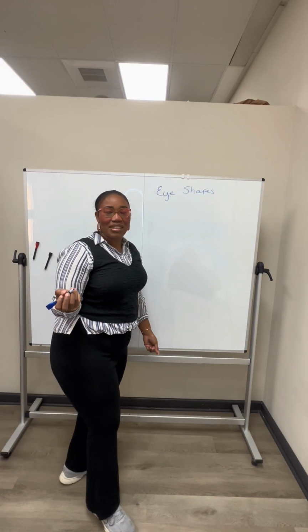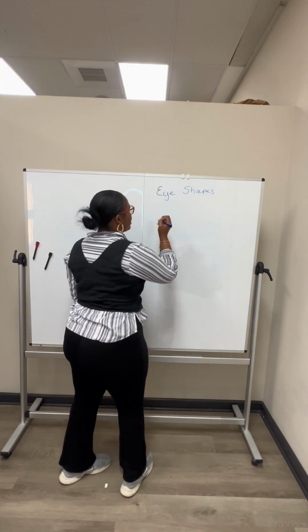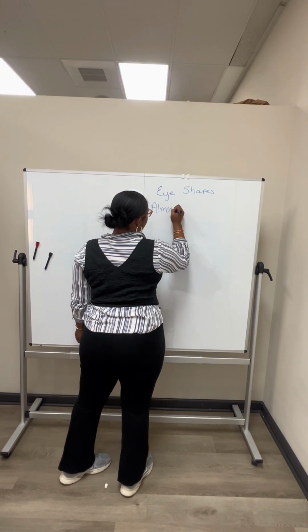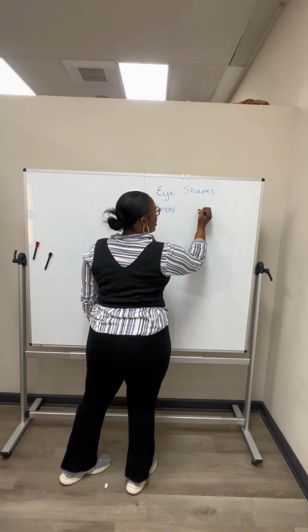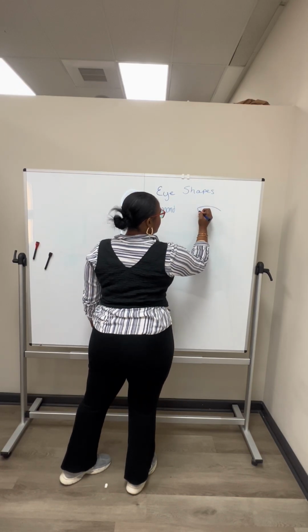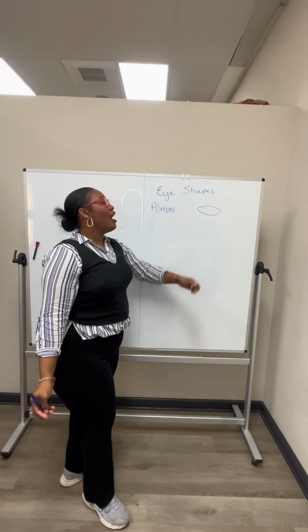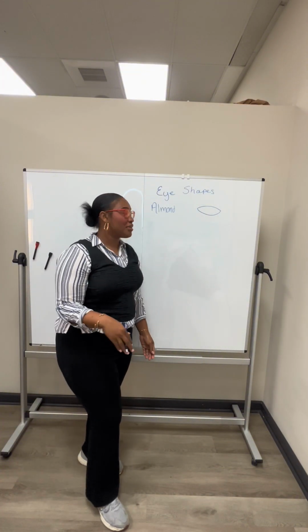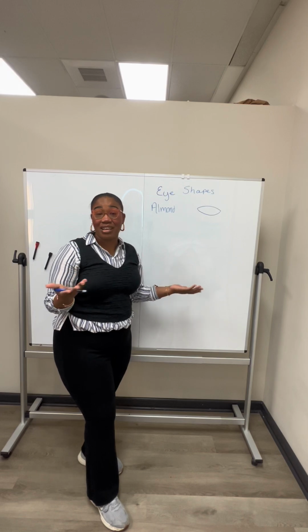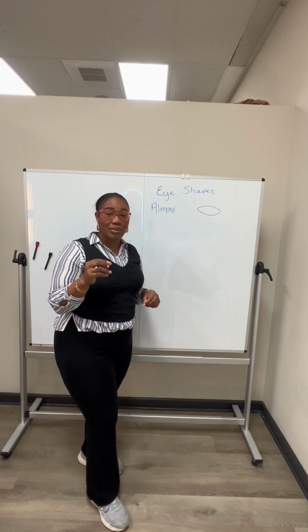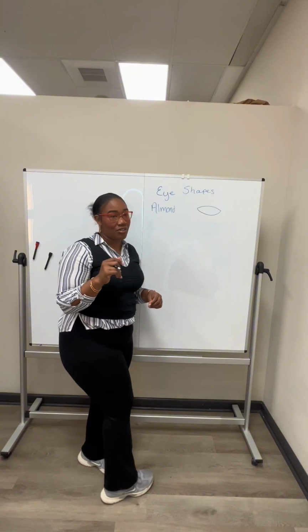The most common eye shape is going to be almond. An almond eye literally looks like a football. It is the most common, and you can really do any type of mapping with it, but we'll find out later what looks best on who based on facial features.